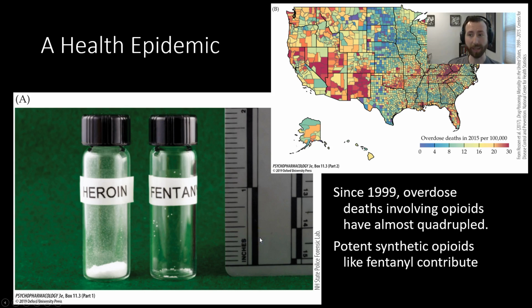This can be extremely dangerous, as oftentimes people buying these drugs don't know exactly what's in it, and the incredibly increased potency can be very dangerous. Fentanyl is so potent that even a few grains, as you see here, can be sufficient to kill an adult person. And there have been issues of first responders and law enforcement suffering an overdose from just physical contact with a sufficient quantity of fentanyl.